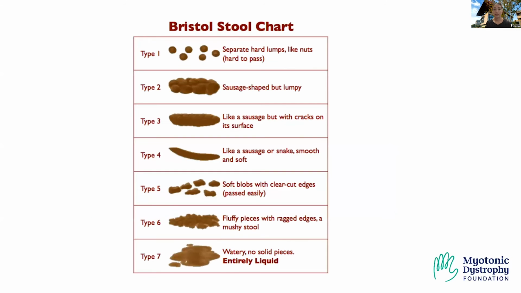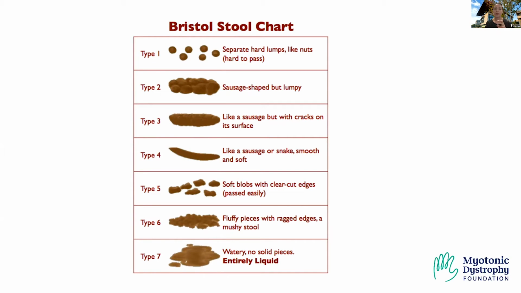Looking at the Bristol stool chart, you may have seen it if you have seen a gastroenterologist, there are different levels of stool forms. As you can see, in types 1, 2, and 3, the stools are hard and lumpy, and so these are more consistent with the diagnosis of constipation.